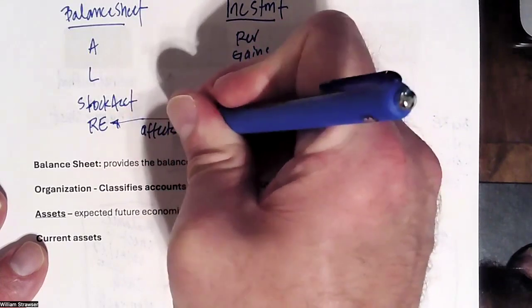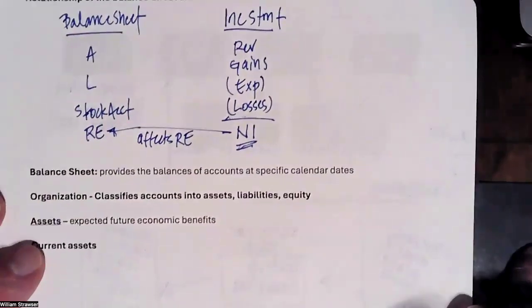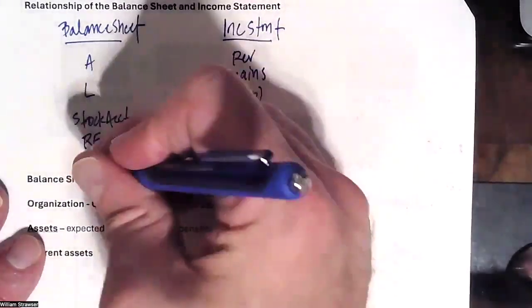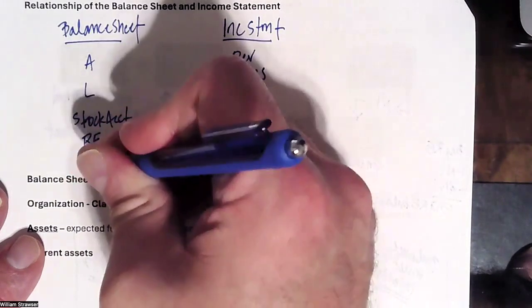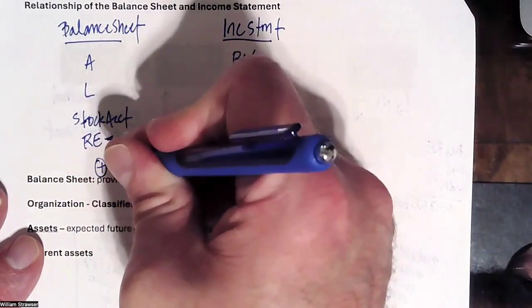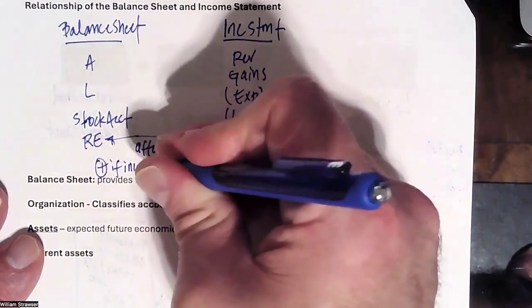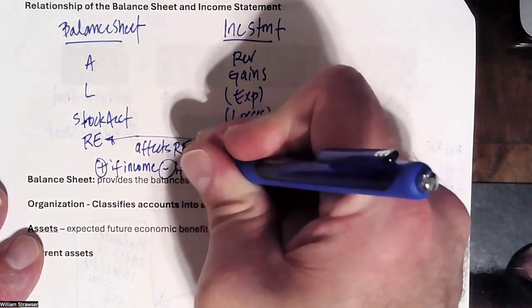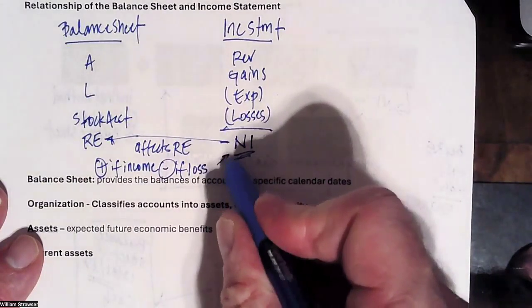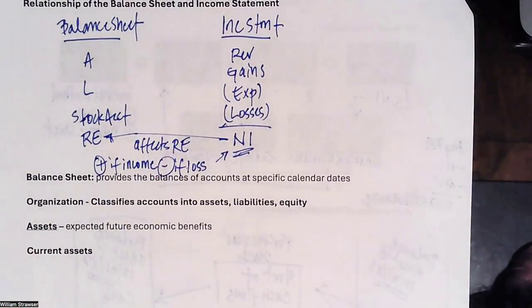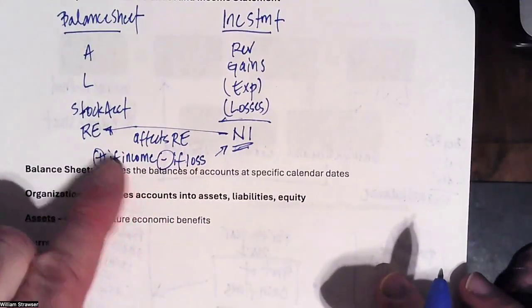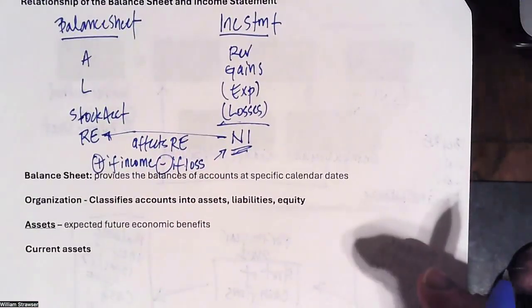But that's not the only effect from the income statement to the balance sheet. Remember, it affects retained earnings. It is a positive effect if we have income, and it is a negative effect if we have a loss, right? So this number here, if we have income, it's positive. If it's a loss, it's negative. And if losses reduce retained earnings, income increases retained earnings.